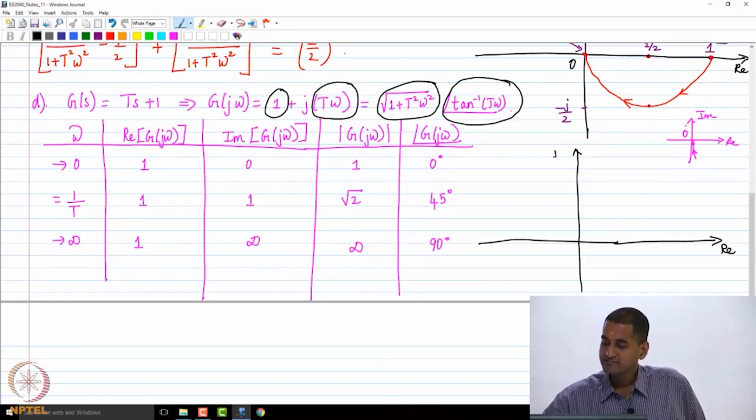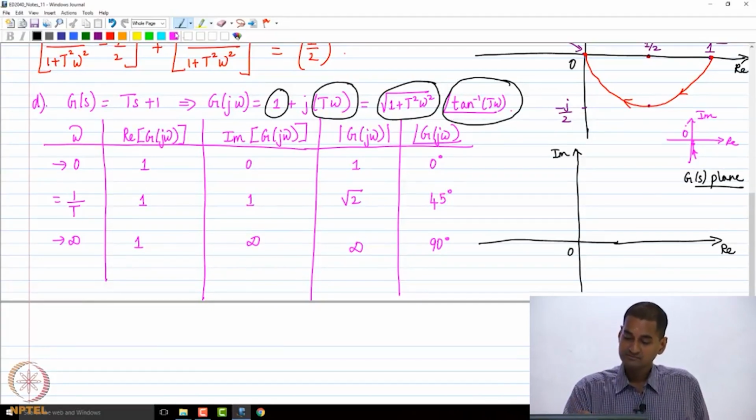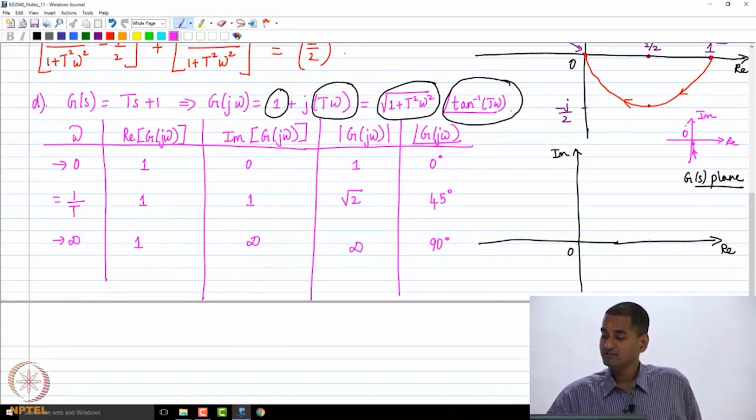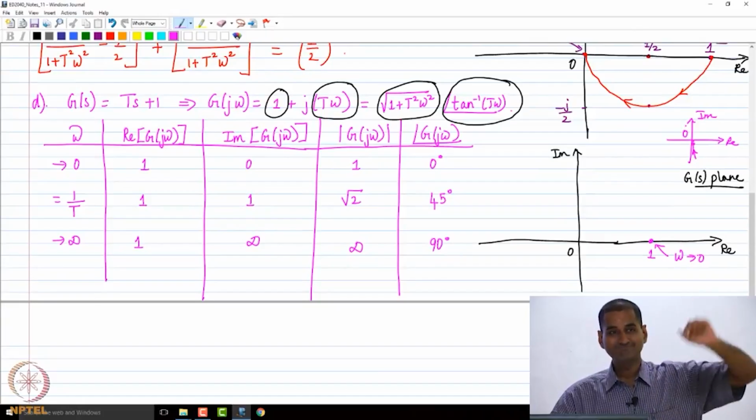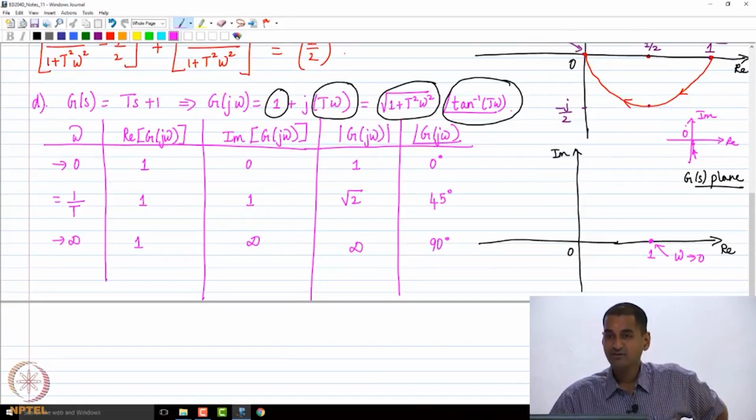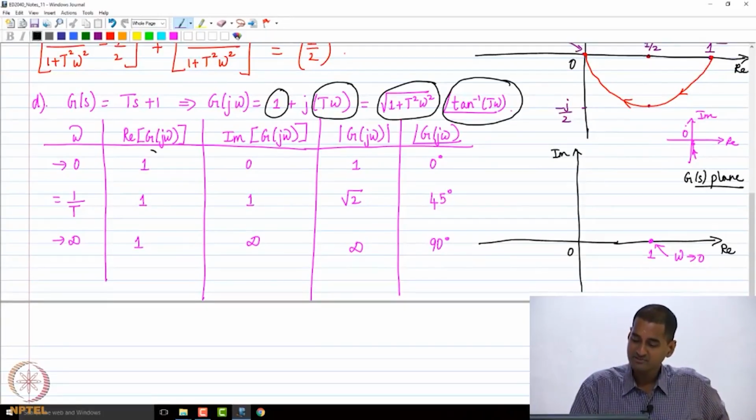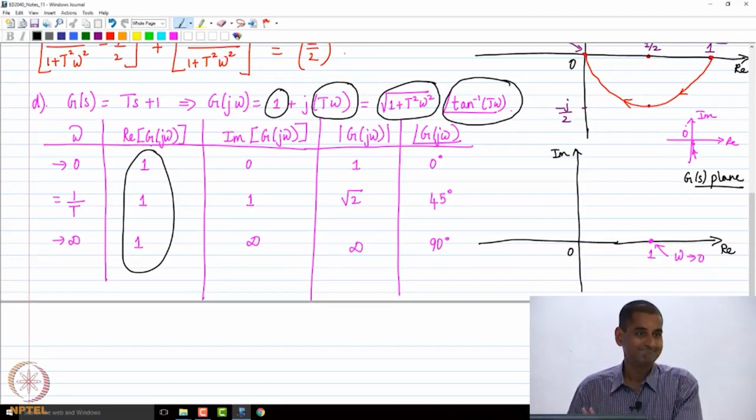So now if I plot the real part versus the imaginary part in the G of S plane, what are we going to get? At omega equals 0, let us say we start from 1. Please note that the real part is always 1. You could readily observe that, because the real part of this factor is always 1.